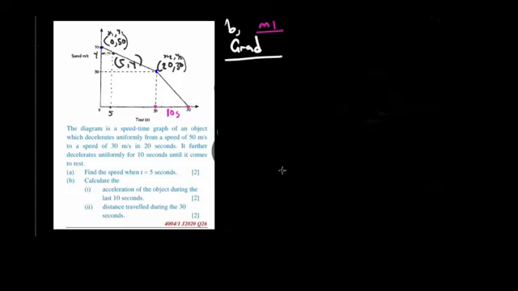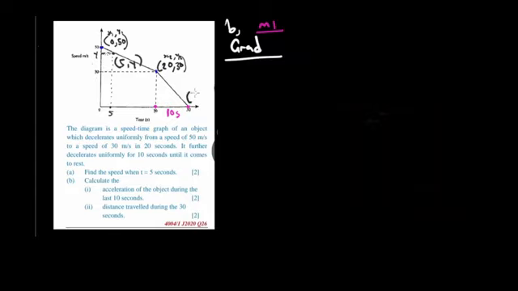Remember, we already said that the gradient of the speed time graph gives us the acceleration of the body. So that being said, let us calculate the gradient. We already have the point here. We identified that this point is (20, 30). We quoted the x-axis, which is 20, and the y-axis, which is 30. What then is this point?